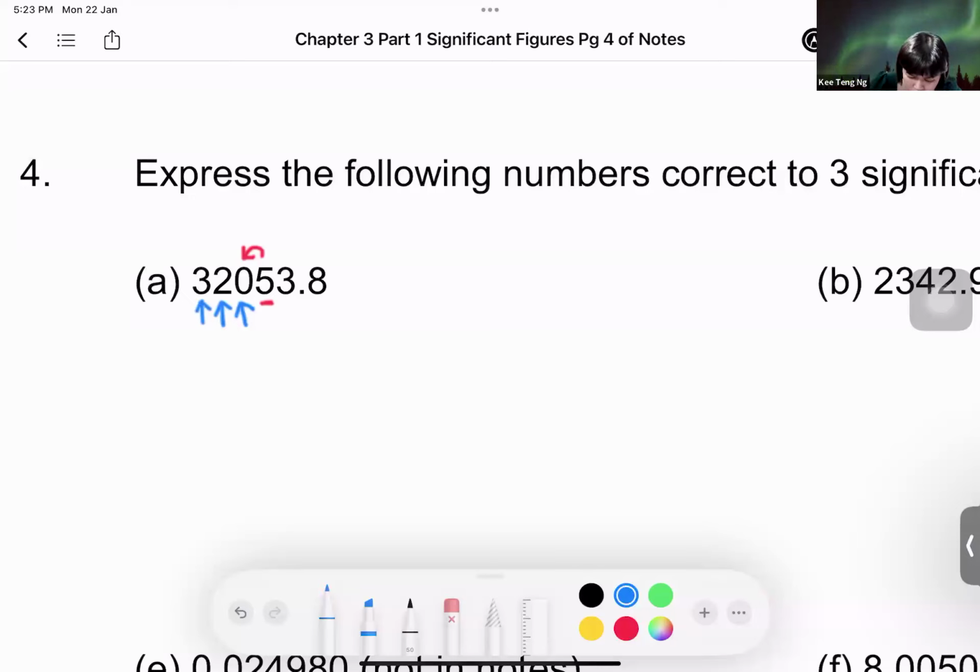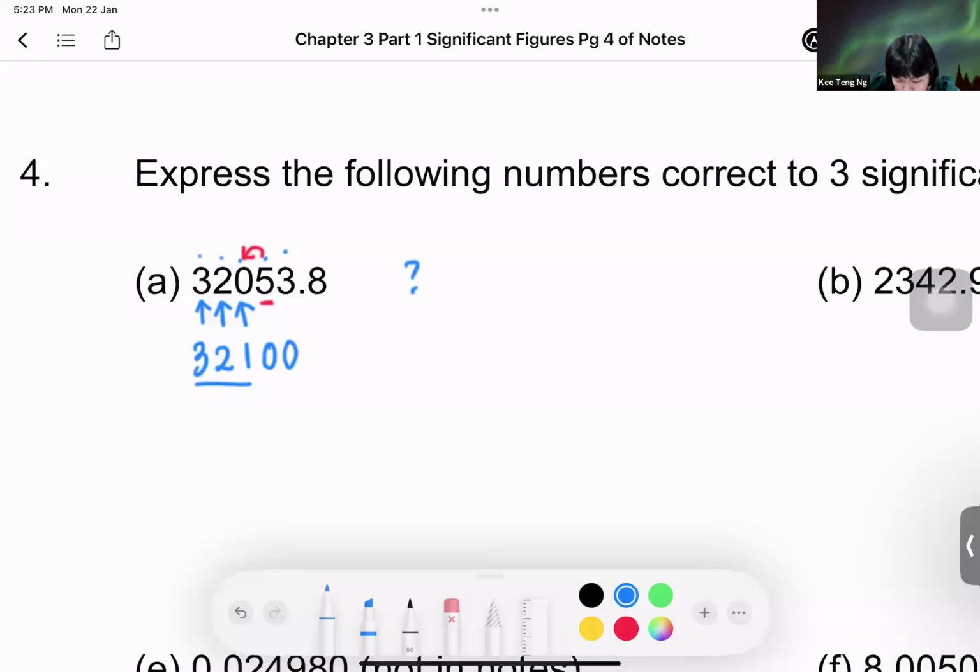So it becomes 3, 2, 1. Now is my number in the correct place value? This is 1, 10, 100, 1,000, 10,000. So I need to add how many more zeros? 2 more zeros. Okay, and this will be correct too. 1, 2, 3, 3 significant figures.